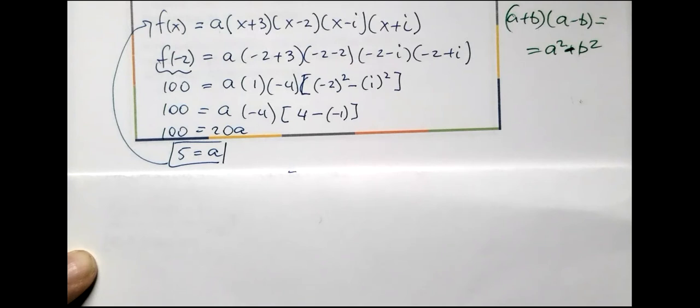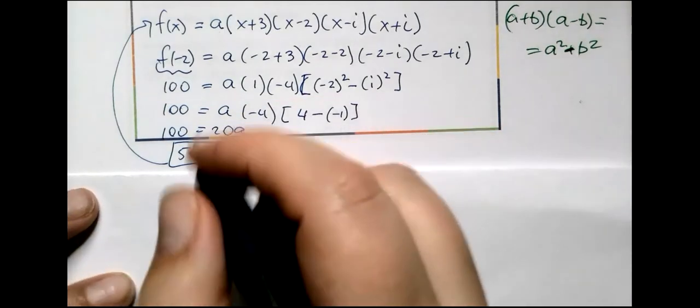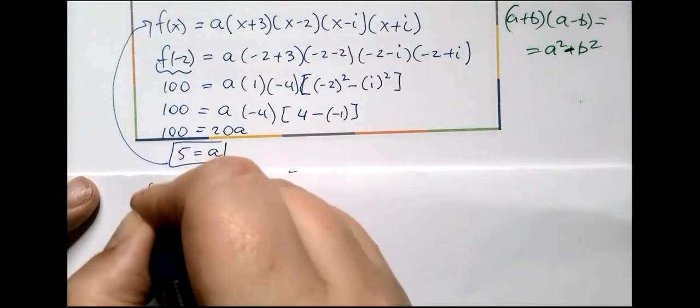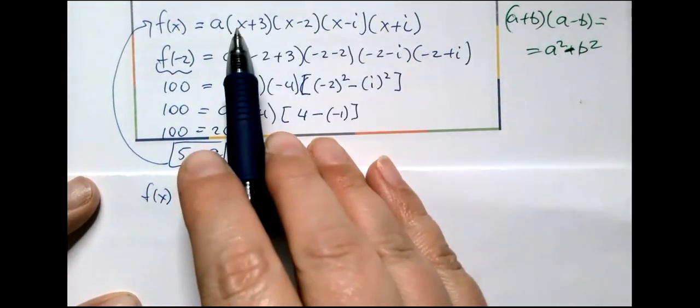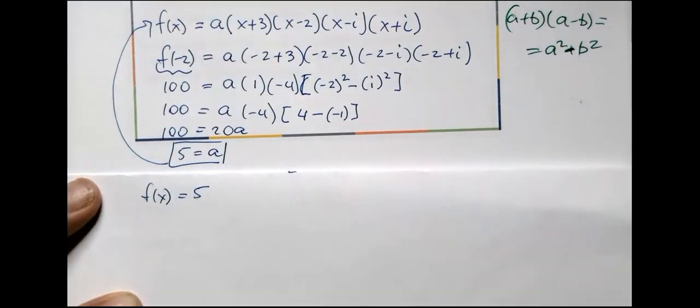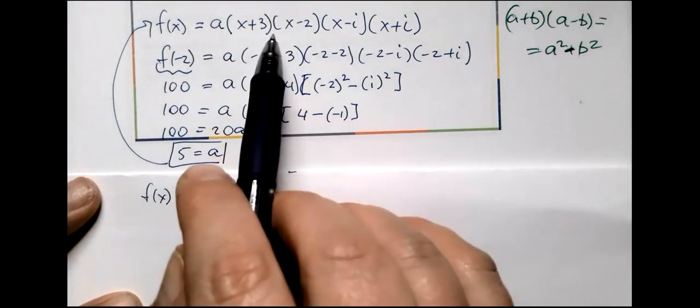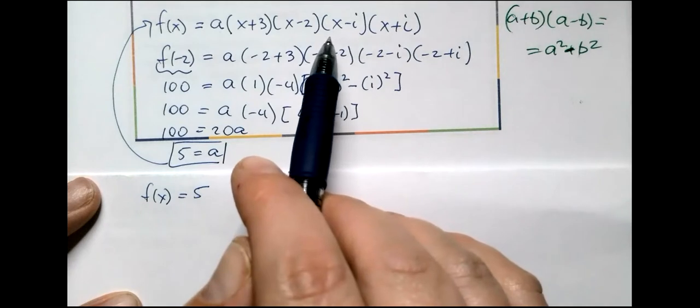We could multiply them right here before we started putting in -2 for x. It doesn't really matter. We can do it right now. So f of x is 5. And when we multiply, you can multiply in any order, however you like, because it's just multiplication throughout.